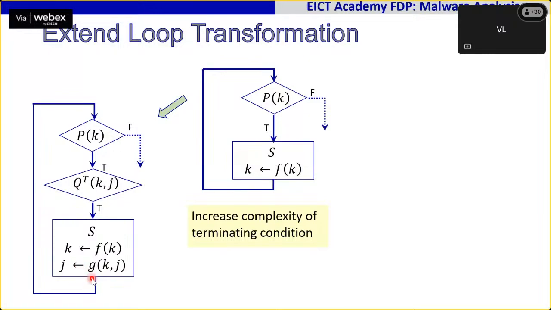Whatever the value of k and j, j is actually derived from k in such a manner that this predicate is always true. So this loop will run. This will have a false condition, but this will not have any impact on the analysis. But the problem is the moment a false condition is added, the code will become bigger because there will be some dummy code, and the analyst has to look at this dummy code also, because it doesn't know whether this control path will be executed or not.